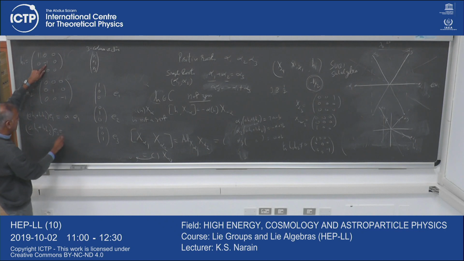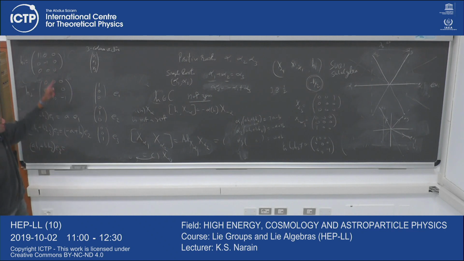Here you get a minus 1, so minus a, and here you get plus 1, so plus b, times E2. Finally, aH1 plus bH2 acting on E3: only the third column is relevant, so this gives 0 and that gives minus b, so minus b times E3.